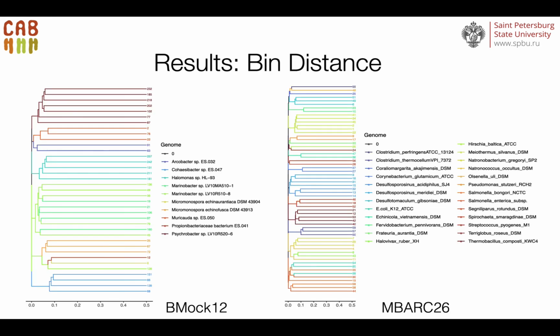Here you can see the hierarchical clustering trees built from the bin distance. I colored them according to the reference, so the bins belonging to a single reference are clustered quite well together. The ones that are overlapping actually belong to multiple strains of the same species, so we are also good here.